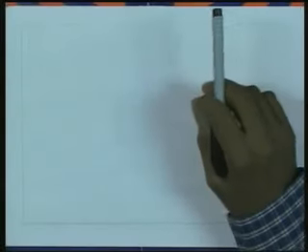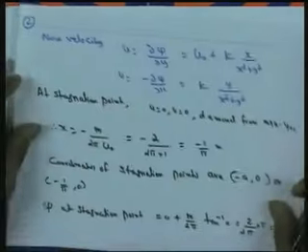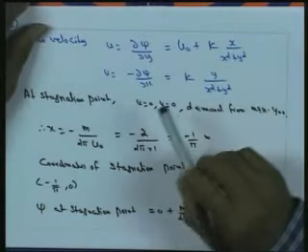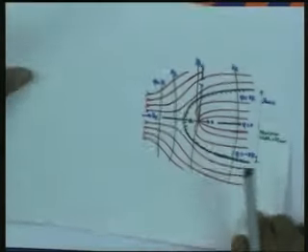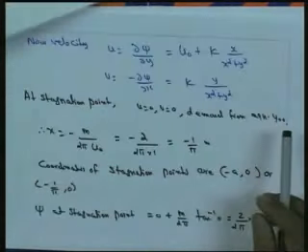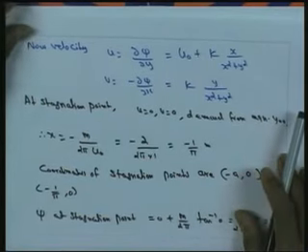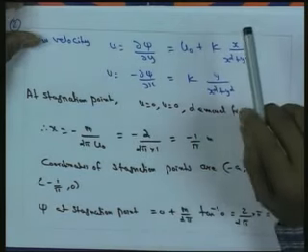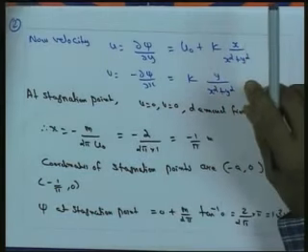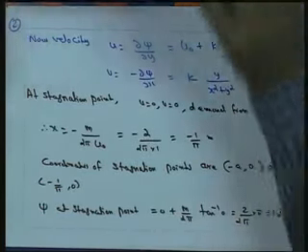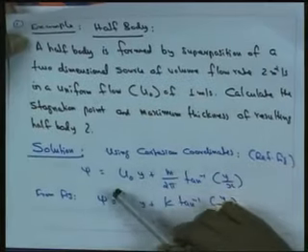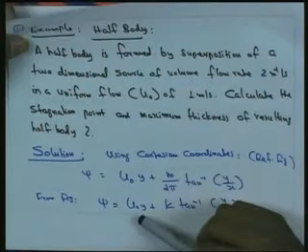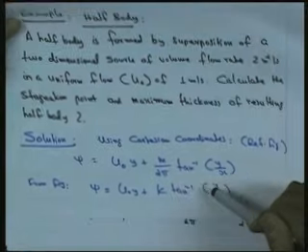Now the expression for velocity. The velocity in the x direction is u is equal to del psi by del y. We can differentiate the expression for psi, which is u0 y plus k tan inverse y by x.